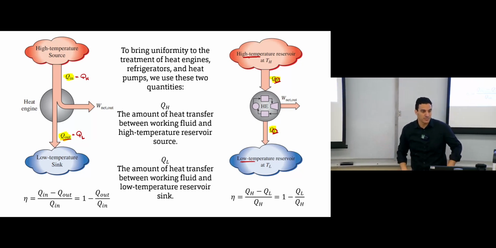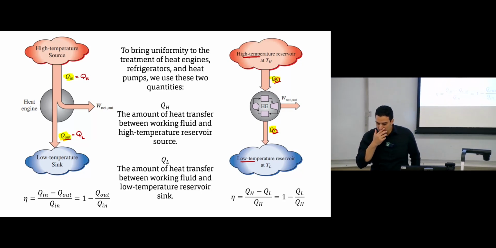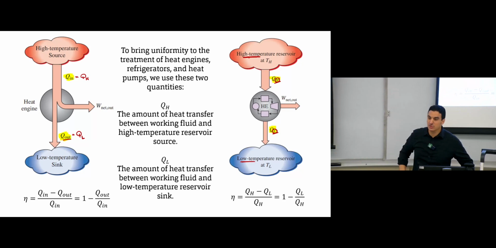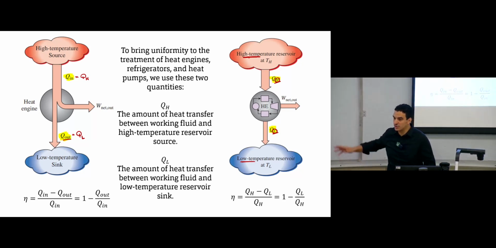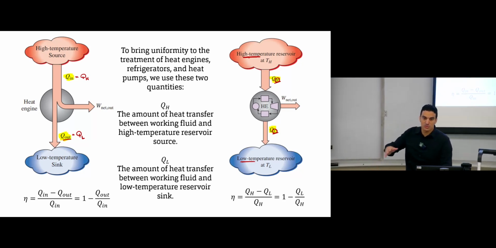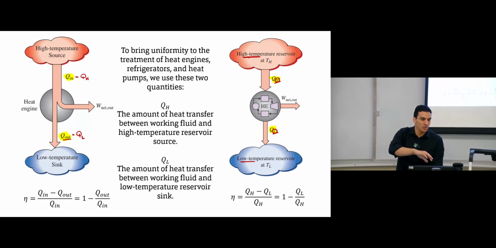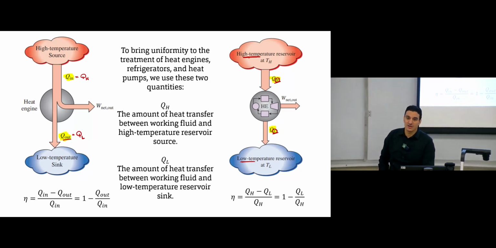This is the same. I put them to you because I figured out some students were confused previous semester when they read this information. They were confused what is the difference between QL, Q out, QH, and Q in. Basically they are the same, just different ways to explain it. If you see any one of them, this is fine now.